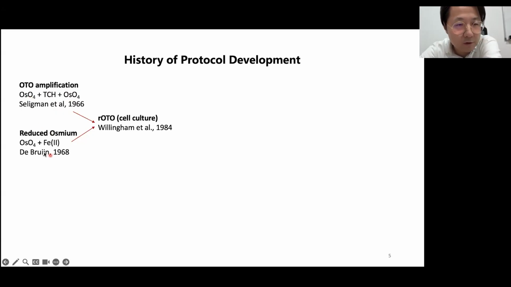Reduced osmium was also introduced by mixing osmium with ferrocyanide, so that with this staining buffer, you can stain the sample quite nicely. Until 1984, people combined these two methods and used them on cell culture. They had very nicely contrasted structures under EM, so these methods were the gold standard at that time.